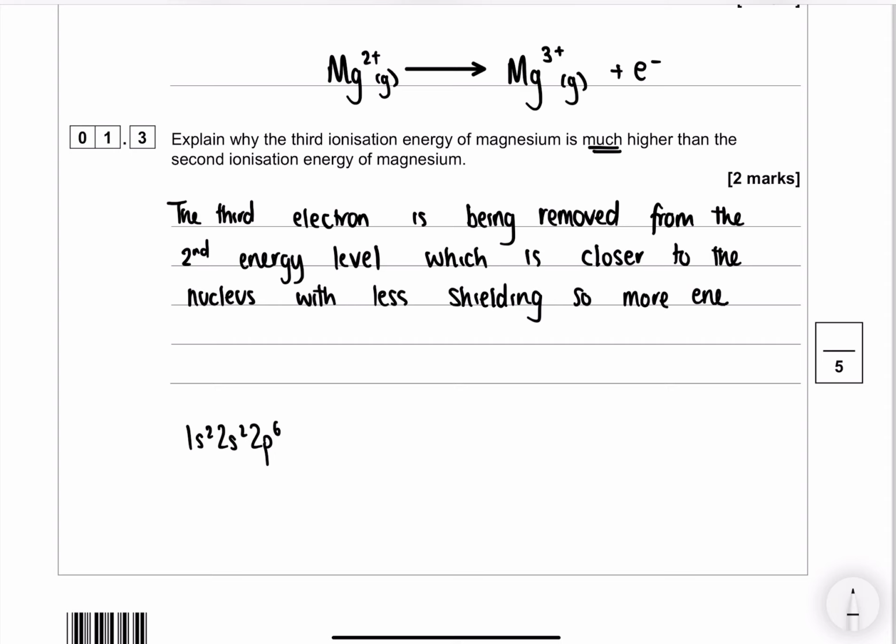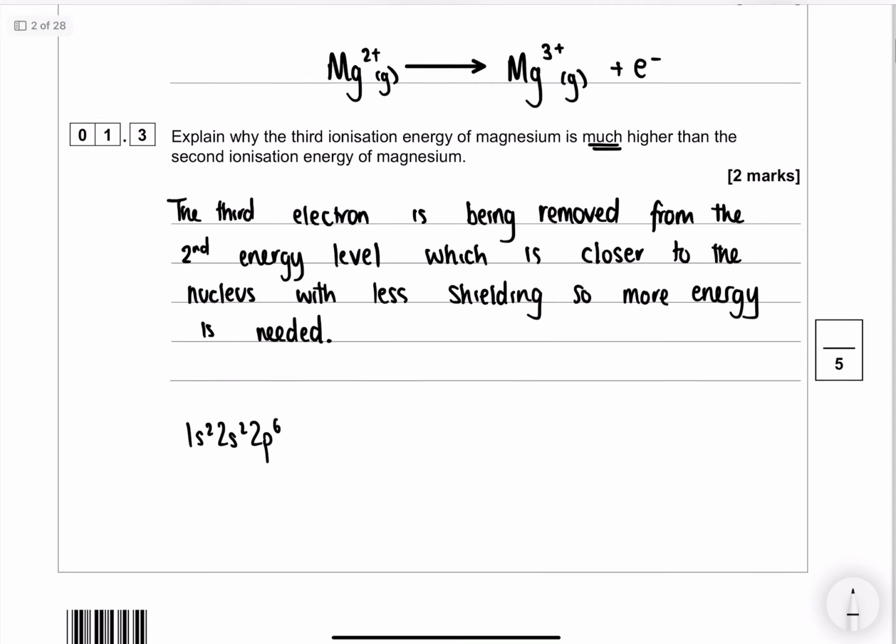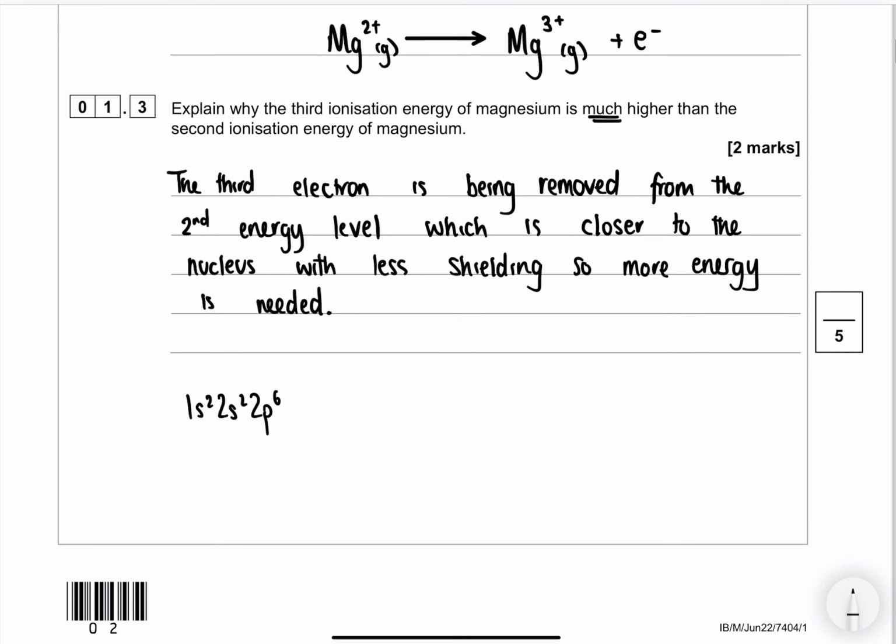More energy is needed. And the reason it's much more is because of this new shell close to the nucleus. Removing the second electron does require more energy, but not much more.